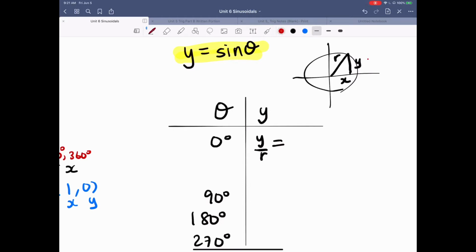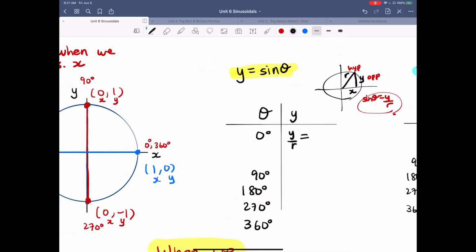Because that's the opposite and that's the hypotenuse, that's where sine theta equals y over r came from. All right, quick recap. The y value is 0 at 0 degrees, and the radius is always going to be 1 for a unit circle. So at 0 degrees, my sine theta is equal to 0.